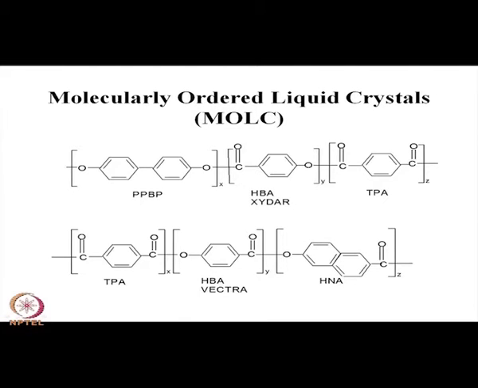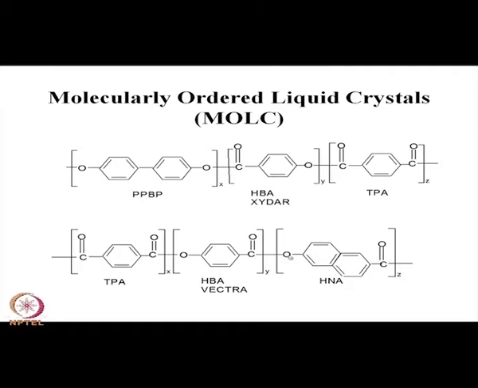This is a Xydar polymer, this is a Vectra polymer. Here terephthalic acid, hydroxybenzoic acid and hydroxynaphthoic acid are there. Now, here you see the melting temperature or glass transition temperatures vary from one polymer to the other by selecting a suitable architectural unit.